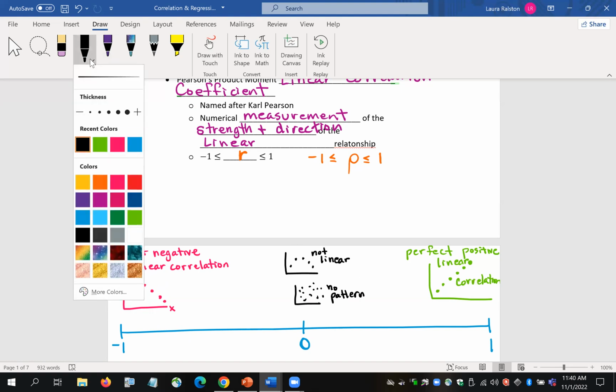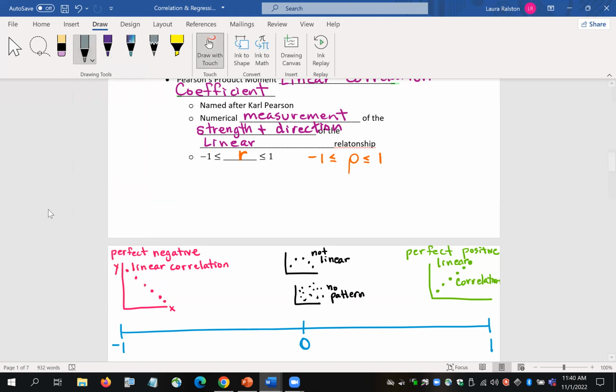But as you move out from 0 to the left towards -1, the closer you are, the stronger the relationship. As you move to the right towards +1, you basically go from weak to strong, and then you have moderate.